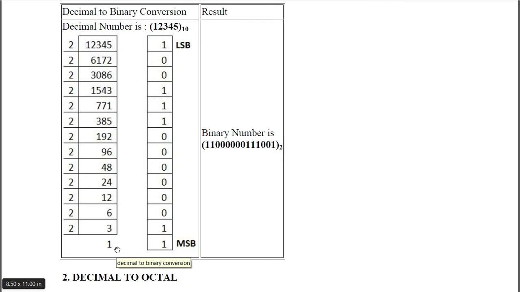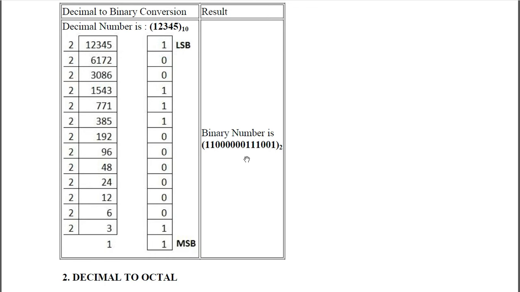For writing the binary equivalent of the particular decimal number, we have to write the remainders from bottom to top. See here, the binary equivalent is 1 1 0 0 0 0 0 0 1 1 1 0 0 1.